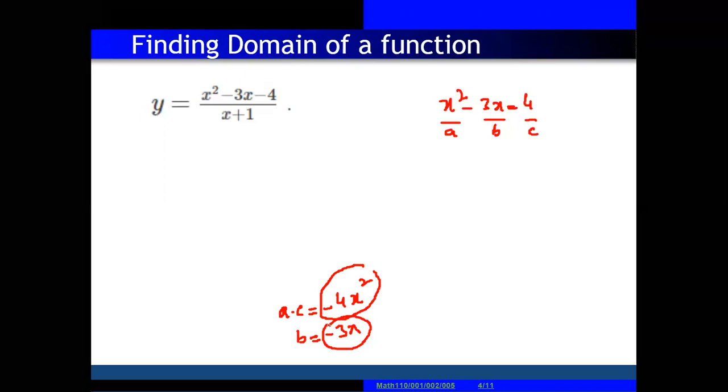So what are these numbers? Can we give values like minus 4 and 1? Yes, excellent. Minus 4x and x, or you can say minus 4 with 1. When you multiply, this is minus 4, but when you add minus 4 plus 1, this will give you minus 3.